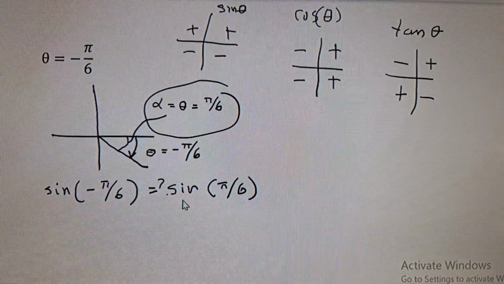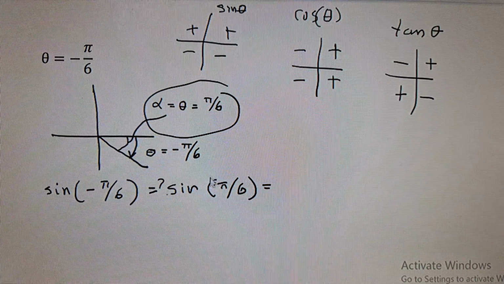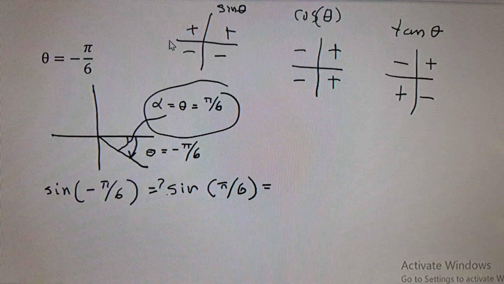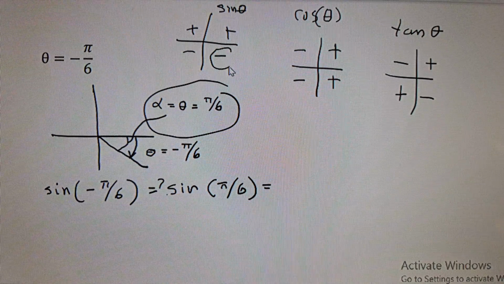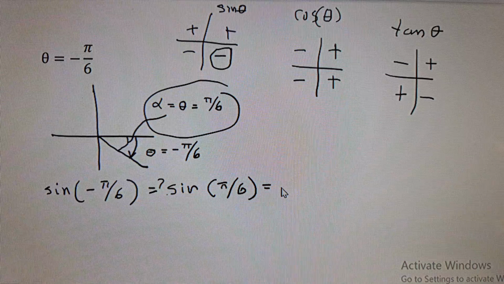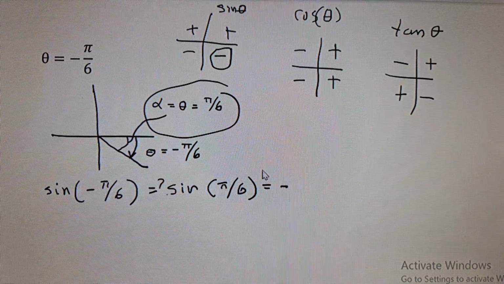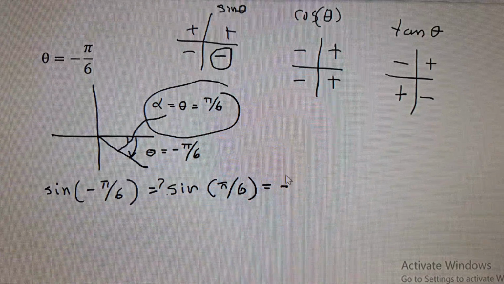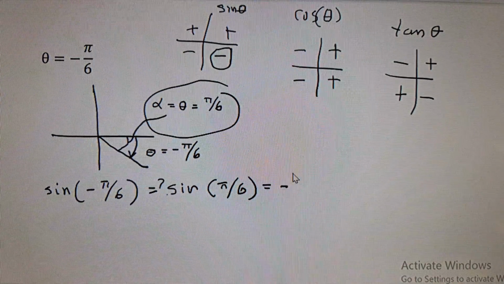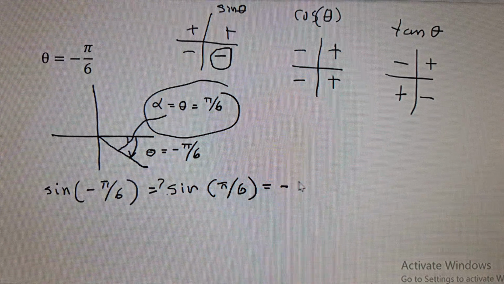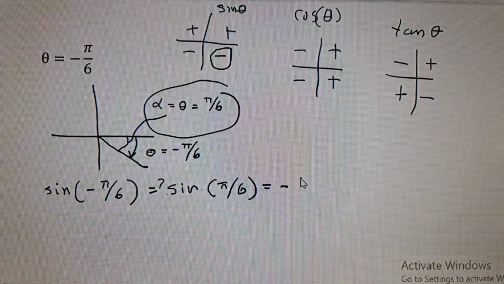And what is the convention? Well, let's take a look. It is in the fourth quadrant, isn't it? And it's going to be negative. So the sine of minus pi over 6 is the same thing as the sine of pi over 6. But since we are in the fourth quadrant, that's going to be negative. We all know that pi over 6 is the same thing as 30 degrees, which we already did. So it's going to be equal to 1/2.